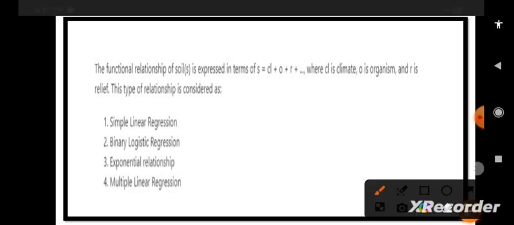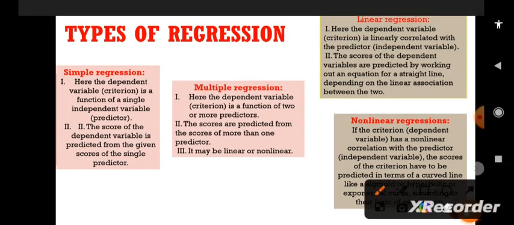Next question is, the functional relationship of soil is expressed in terms of soil is equal to climate plus organism and relief. So what type of relationship is this considered as? For answering the question, let's see the different types of regression. First is the simple regression.